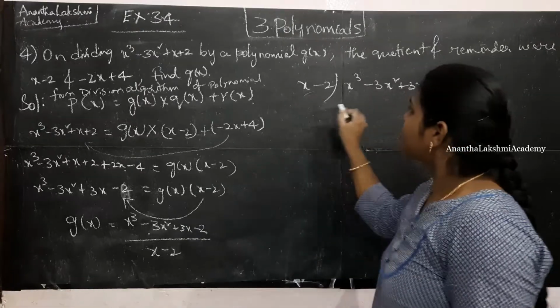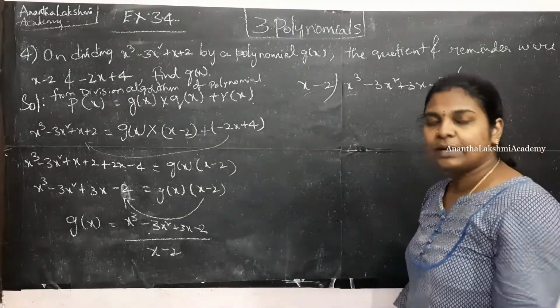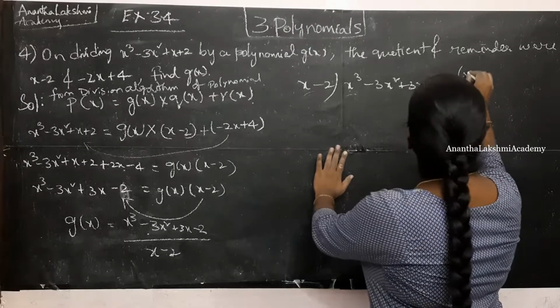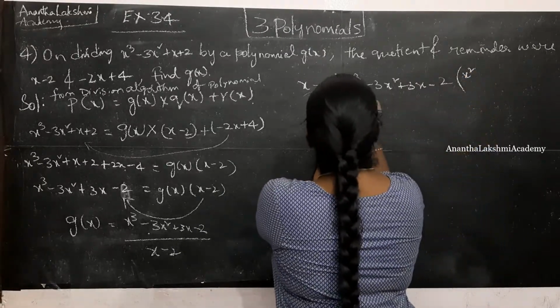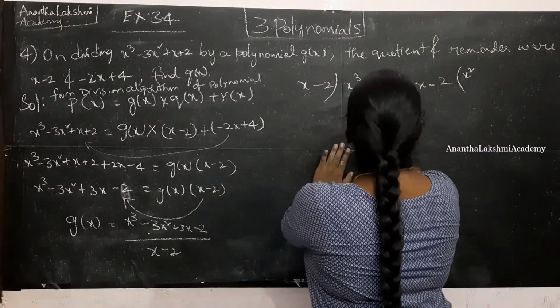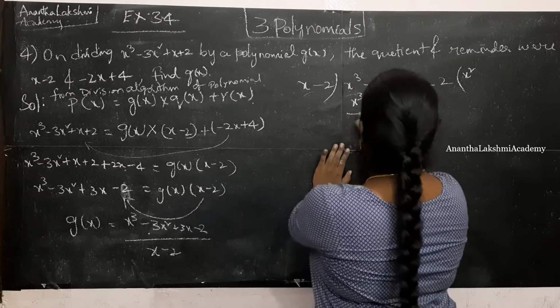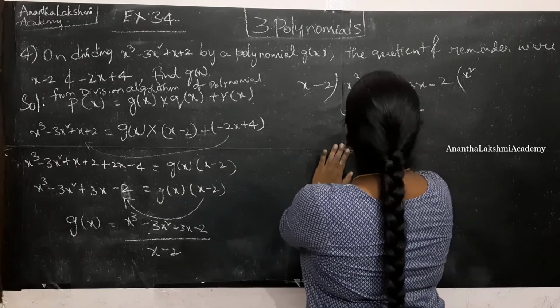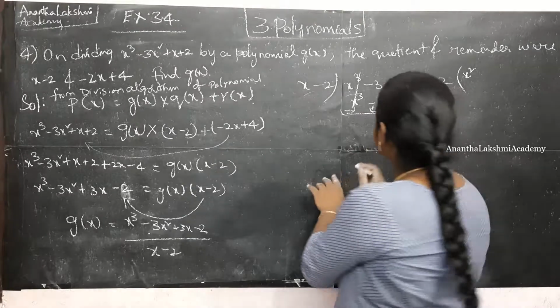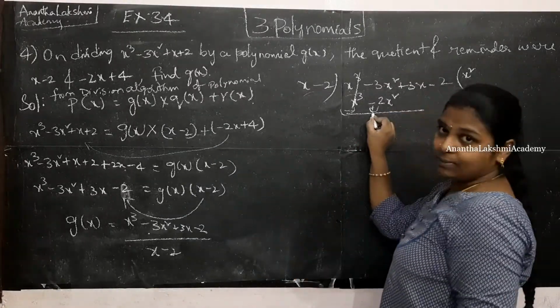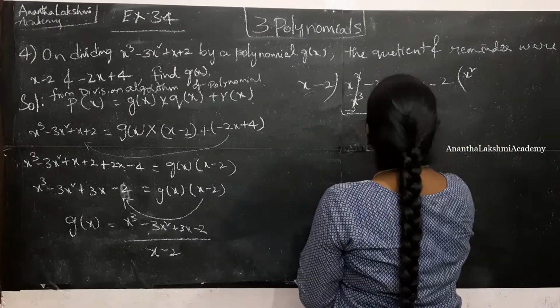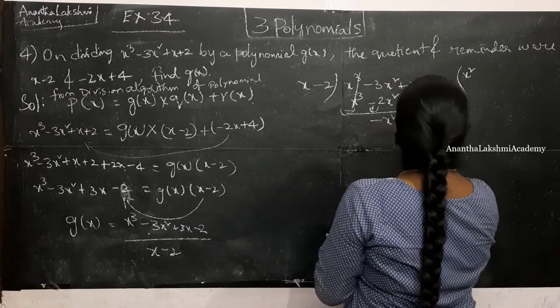Alright, here we have x, but we need x cube. What do we multiply it with? X square. So that becomes x cube minus 2x square, isn't it? Now the signs get changed. X cube gets cancelled. Minus 3x square plus 2x square is minus x square plus 3x minus 2.